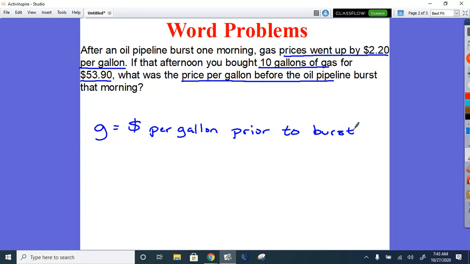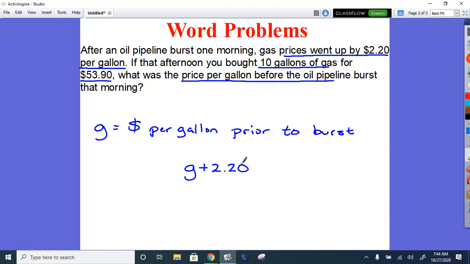Now, this is a little bit more complex, but using our structure, we can actually create it. So there's my variable G. Now the rate here, it says gas prices went up by $2.20 per gallon. So this actually is what I'm looking for here, but I don't know what that rate actually is. So what happened was it went up by $2.20, meaning I added $2.20 to it.